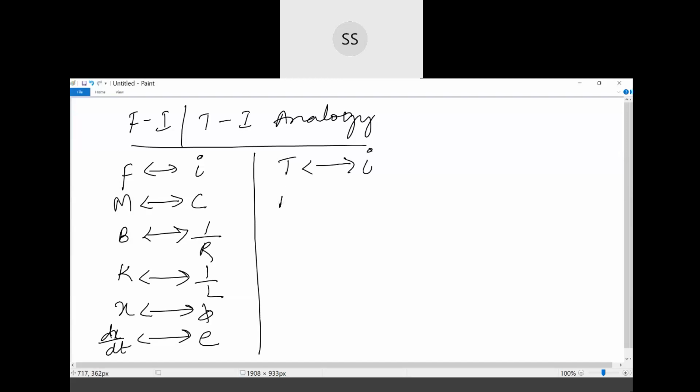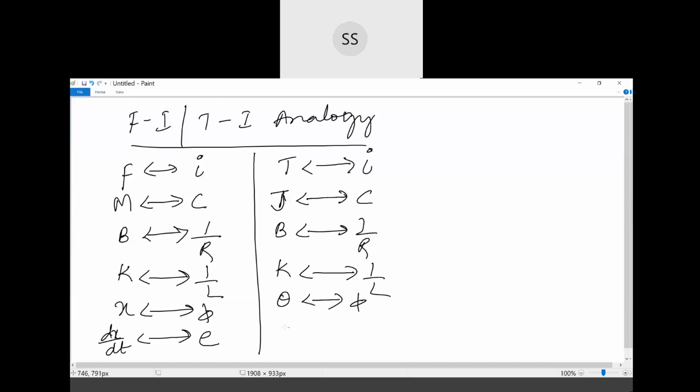Here also we have J analogous to C. Similarly B will be analogous to 1 by R, K will be analogous to 1 by L, and instead of x we have theta, which will be analogous to phi, and d theta by dt will be analogous to e. So this is the force current or torque current analogy.